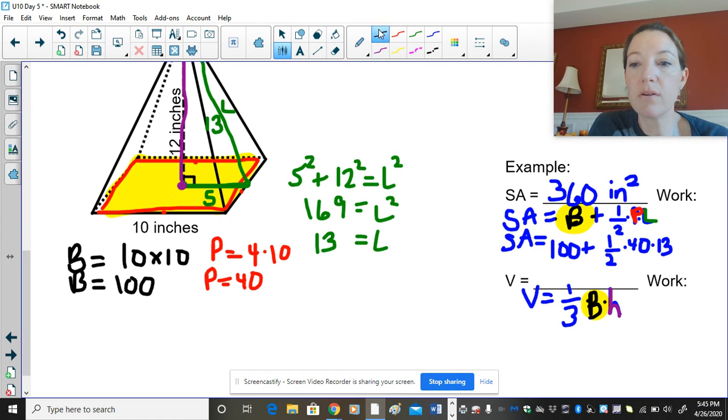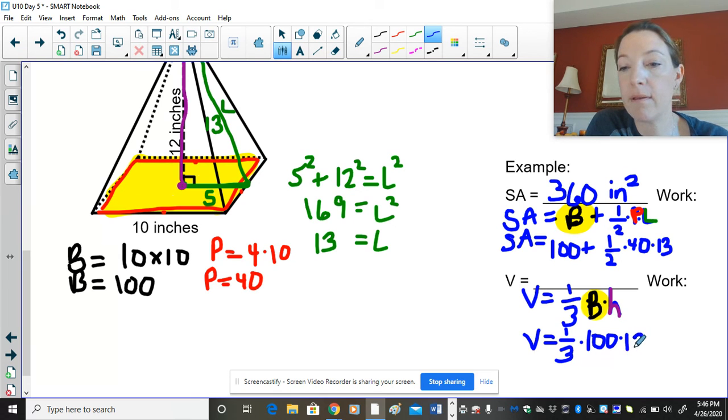So there's really nothing new to calculate here, you guys. All you have to do is substitute those values into our formula: 1/3 times 100 times 12. What do you get when you multiply that out? You are right, you guys. You get 400.